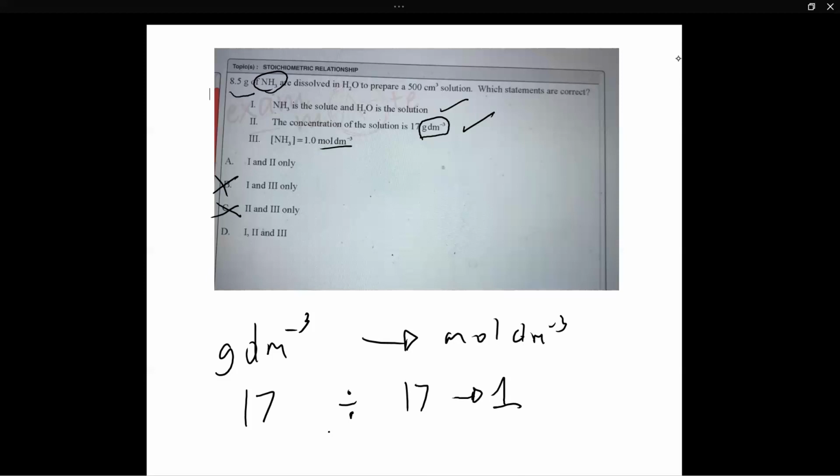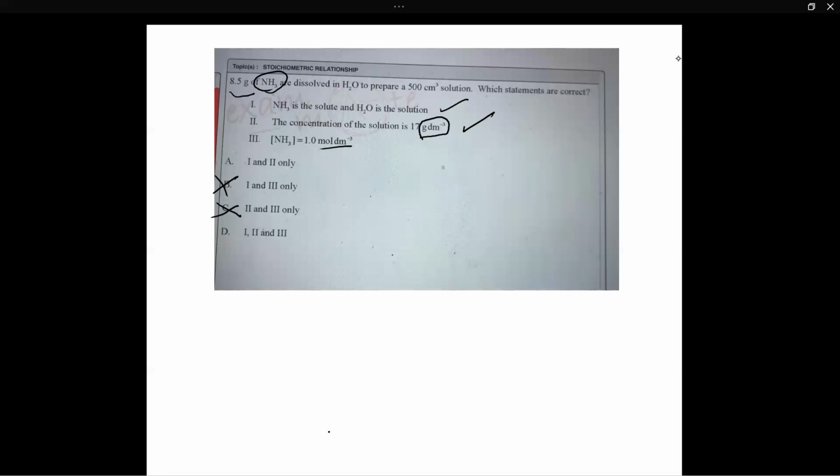But if you don't want to do this method, if you find it a bit confusing, I also have another method, and let me show you how to do that. That is a longer method, but it makes things a bit clearer. Now, if you want to determine the concentration of a substance in moles per decimeter cubed, we have to find out how many moles there are per dm cubed.